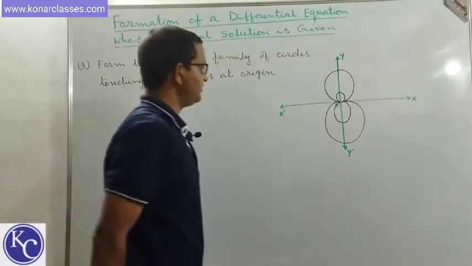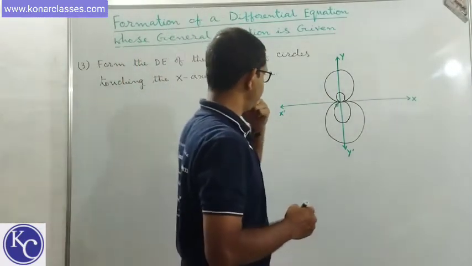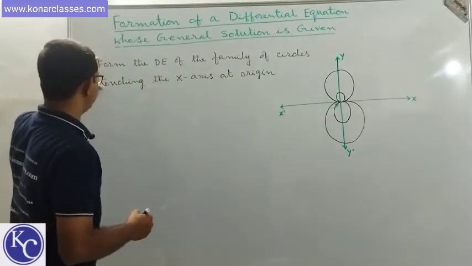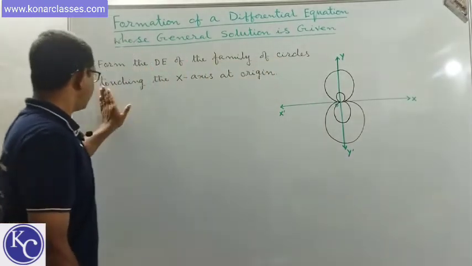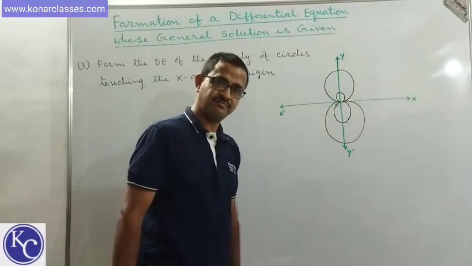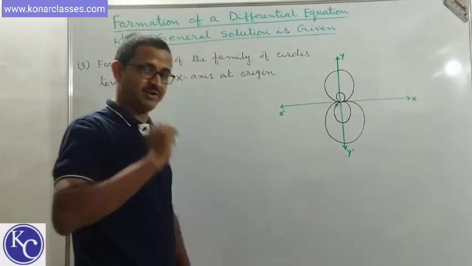If you look into all these circles that I drew in black color, all have the property explained in this question: family of circles touching the x-axis at the origin. That means, dear students, each circle is passing through the origin, number one.